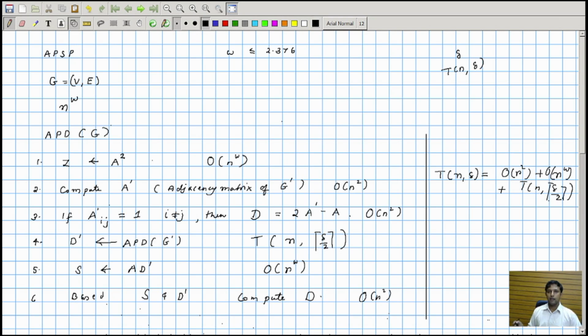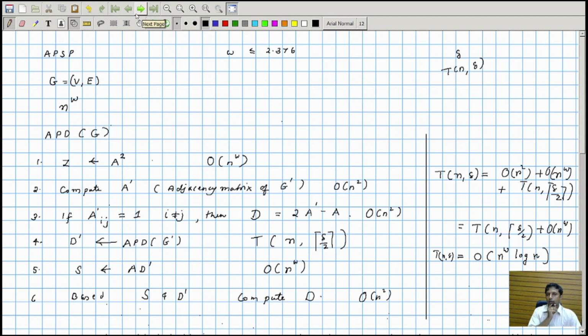And omega certainly is greater than or equal to 2, so n to the power omega subsumes O(n) square. So this is T(n, delta by 2) plus O(n) to the power omega. And so the overall running time would be T(n, delta) equal to O(n) to the power omega log n. Okay, so that is the running time of the algorithm that computes the distances between every pair in G.